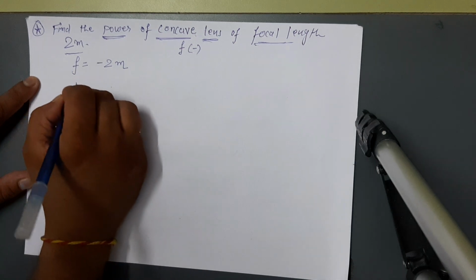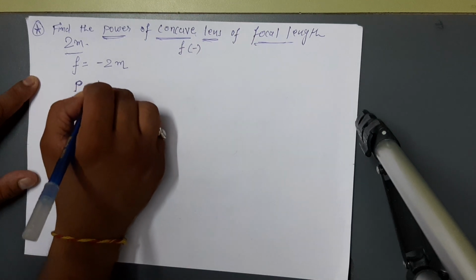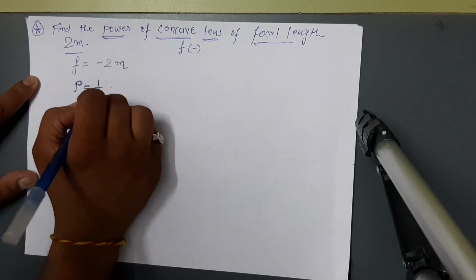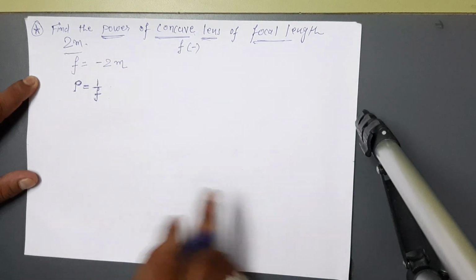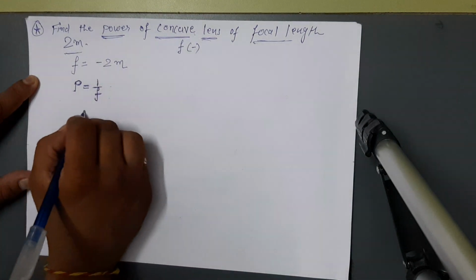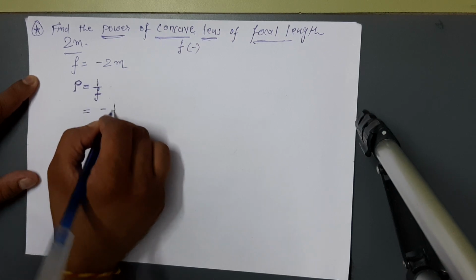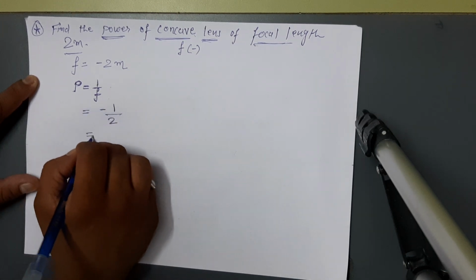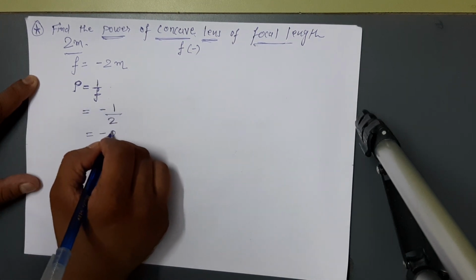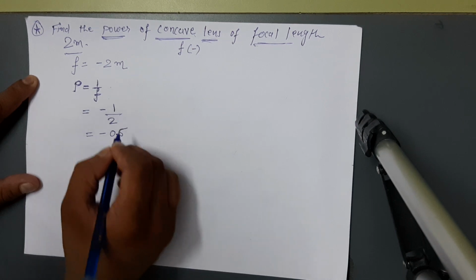Let's put in the formula of power of a lens P. Power of a lens P is equal to the reciprocal of focal length. So P is equal to 1 upon F. Our F is minus 2, so it will be minus 1 by 2, which is equal to minus 0.5.